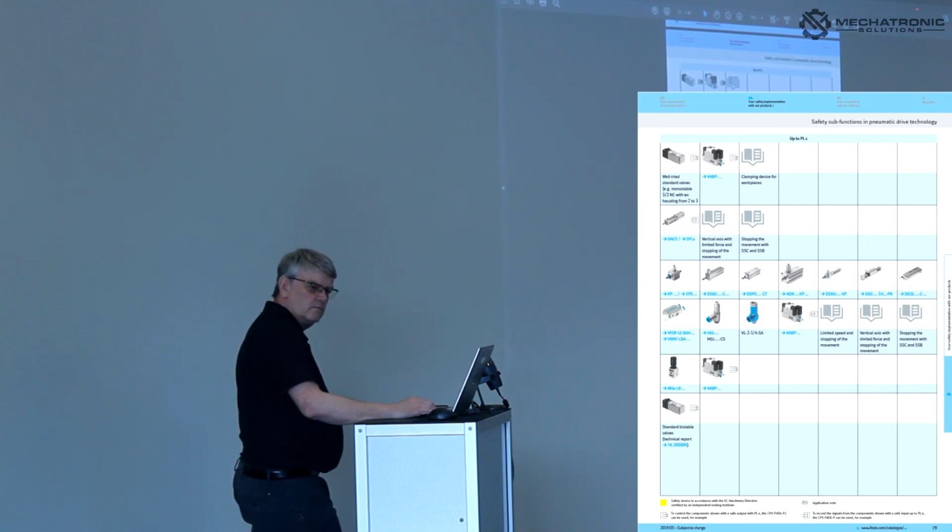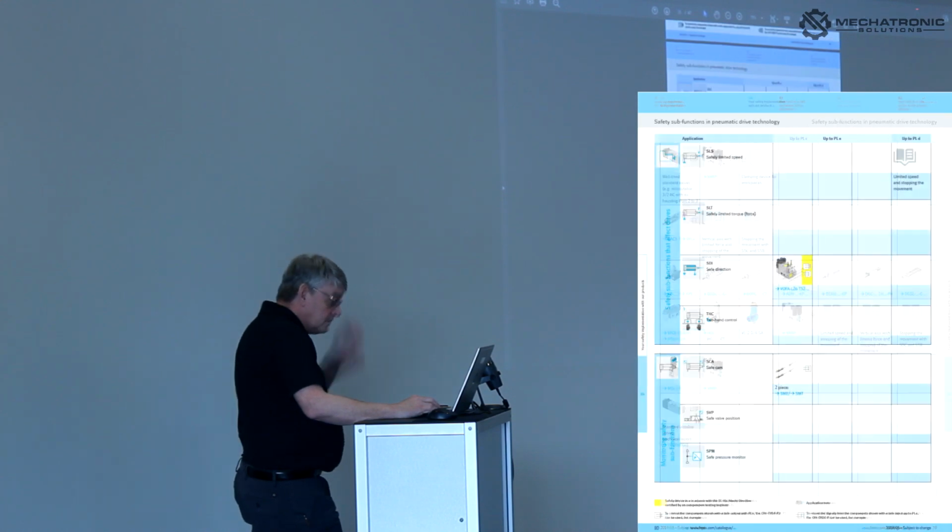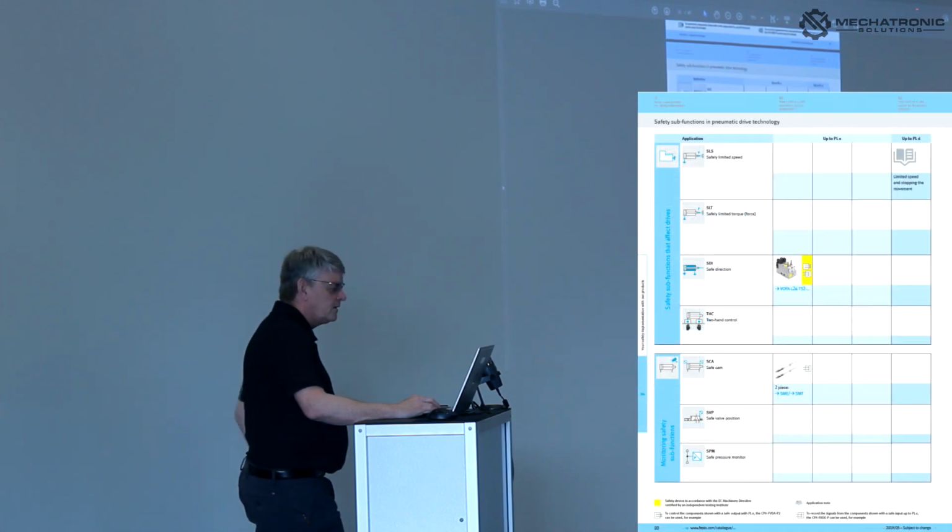So you can get them on both. Here's a rod clamp right here. We should just jump to the other page here. The catalog shows this stuff in a bigger picture. Here's the same thing as we were just talking about. Safe direction. There's a couple different configurations of those.